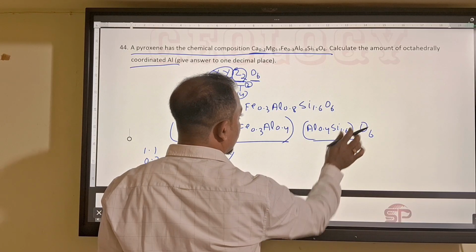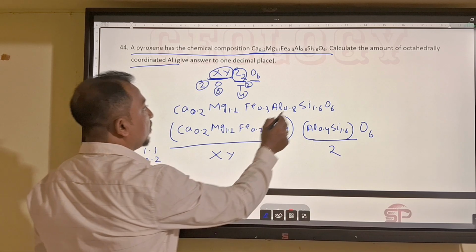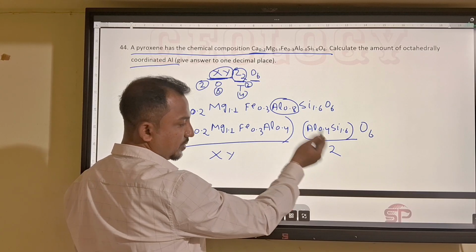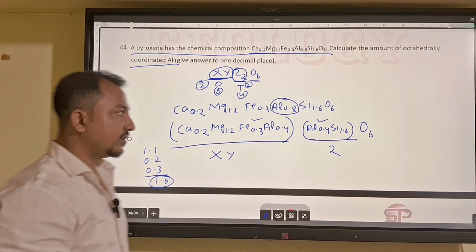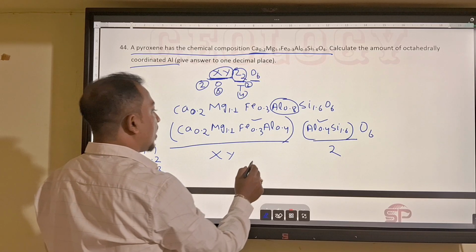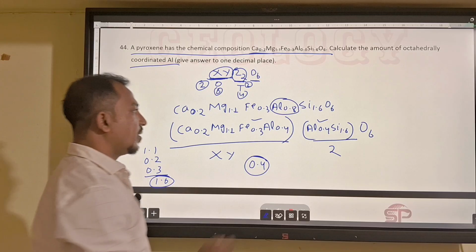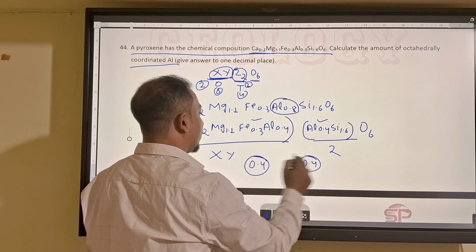So now the aluminum, that is 0.8, will be distributed half to the tetrahedral side, half to the octahedral side. So here the octahedral coordinated cation, aluminum, will be 0.4. Also if asked about tetrahedral, it will also be 0.4.